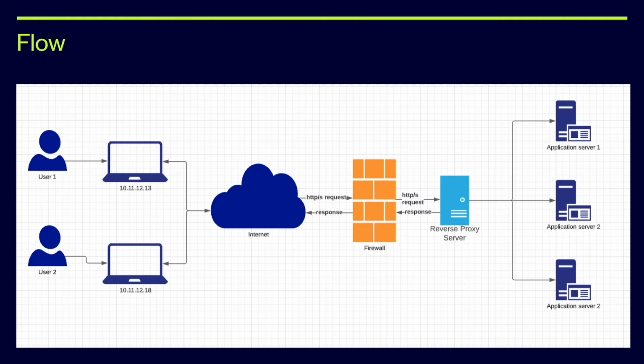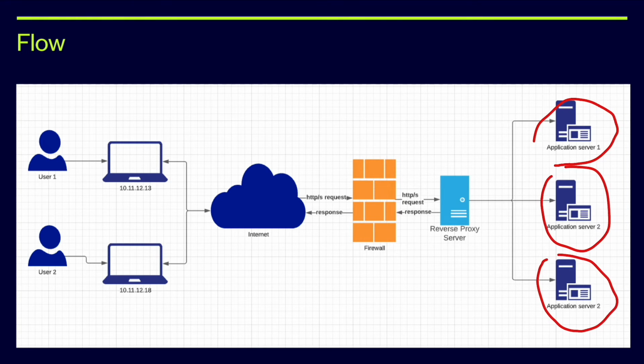So in this case, if we have three application servers and the response is provided back from server one, then the reverse proxy server will hide the information about application server one, and it will provide a generic response rather than providing the information of the target server which has provided that information.